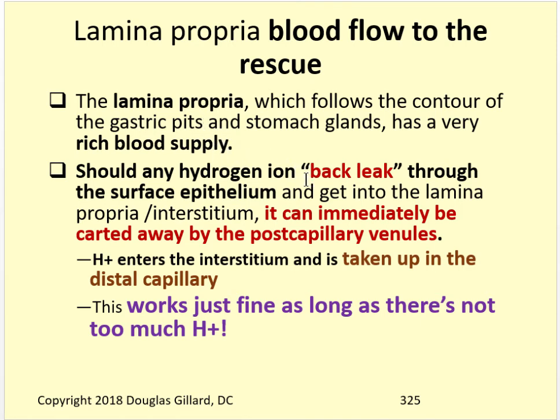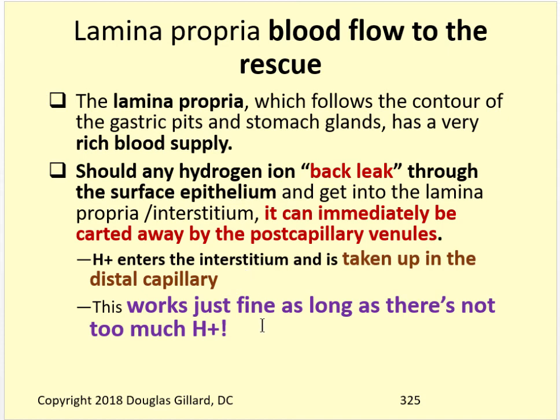If you do get some back leak and it penetrates the mucosal layer and gets deep, the blood vessels in the lamina propria can actually swallow up those hydrogen ions. As the HCl breaks down into chloride and hydrogen, it can swallow those and take them away. So that's great. That protects the deeper tissue from permanent injury.